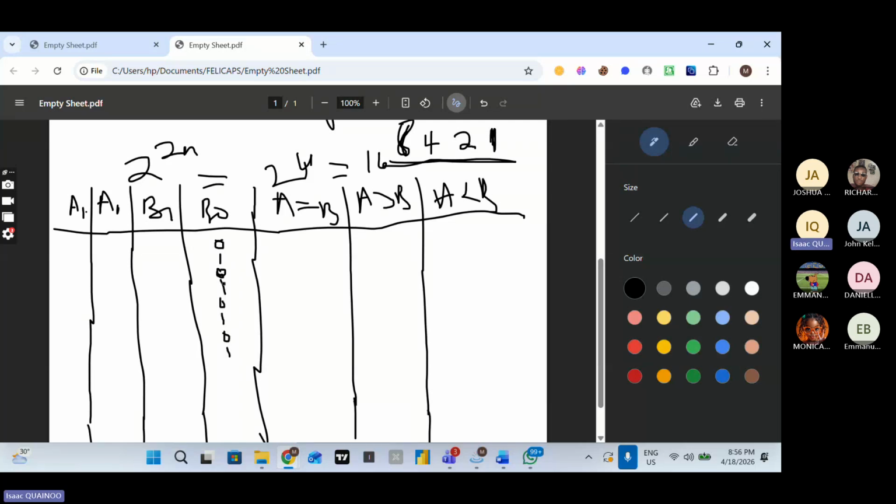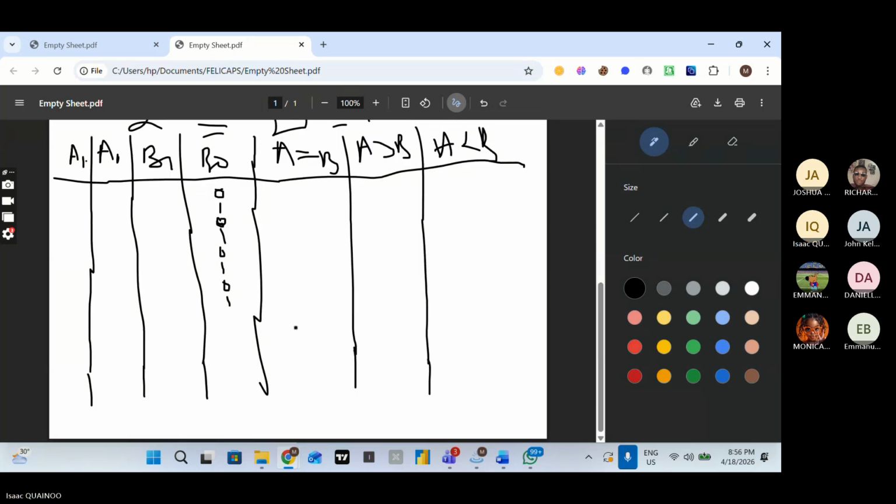How many do we have here? 1, 2, 3, 4, 5, 6, 7, 8. We need 16, right? So 8, we have 9, 10, 11, 12, 13, 14, 15, 16.